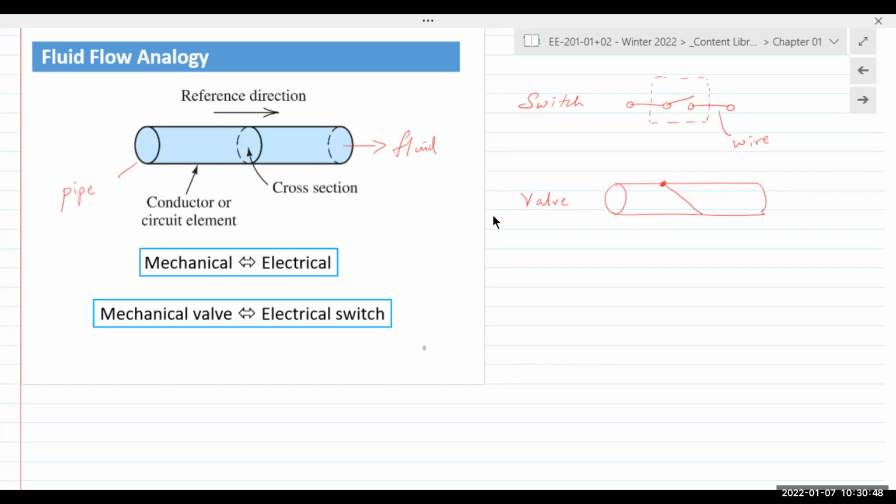Well, what can you say about the position of this valve? Is it open or closed? Any fluid passing through the pipe? No, right? It's closed. So this valve can be said as closed, and no fluid flow.